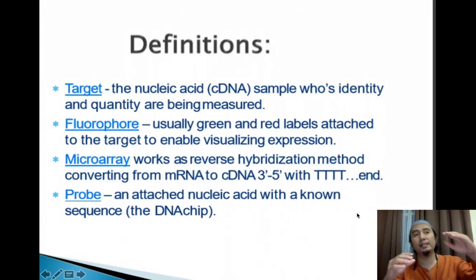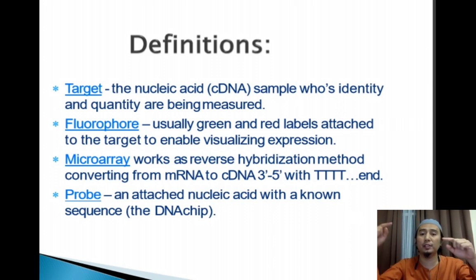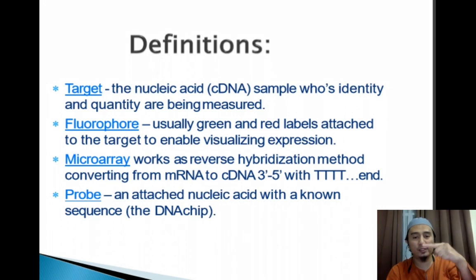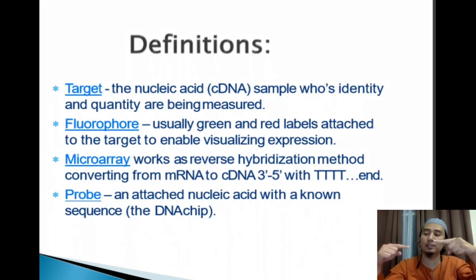So mRNA is basically 5 to 3 because in the cell it is transcribed from the 3 to 5 DNA strand. And when it is reverse transcribed, we transcribe from 5 prime to 3 prime, which is the reverse, 3 to 5.